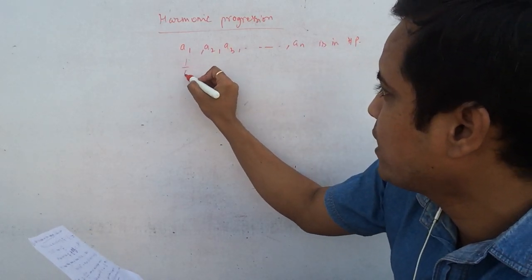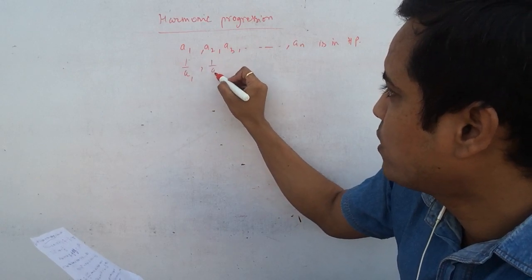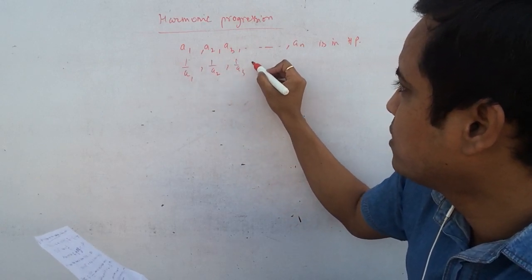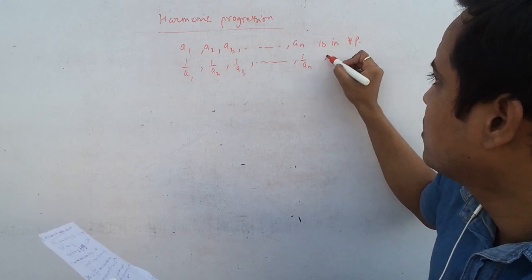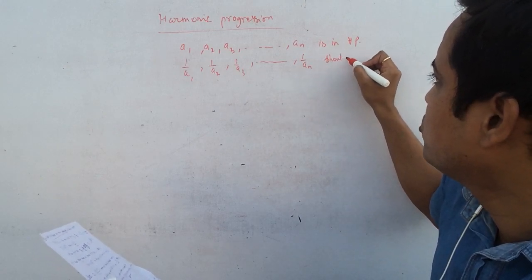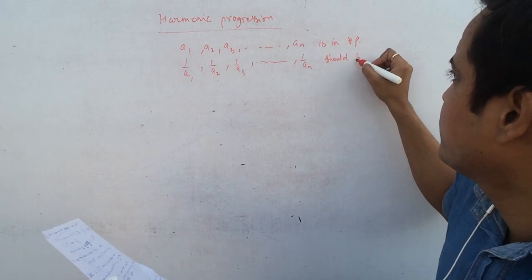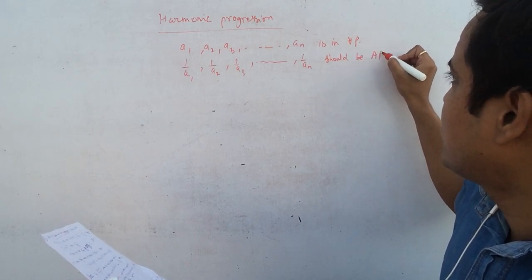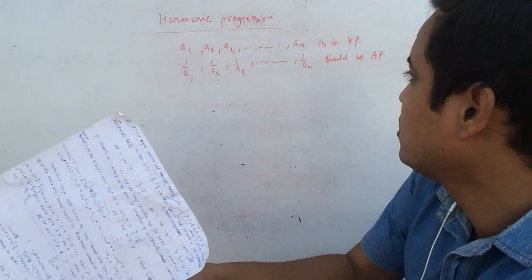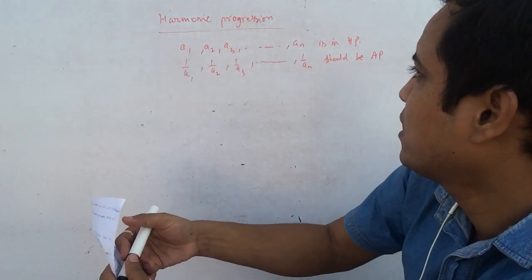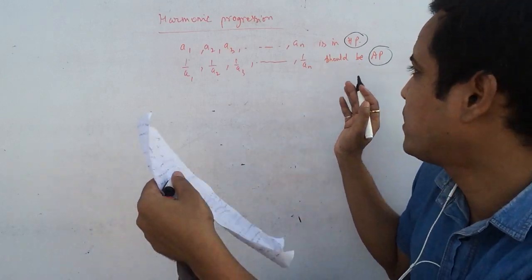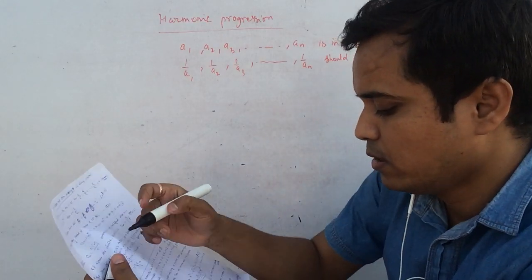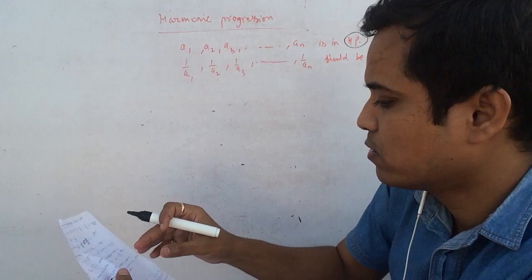Then 1 upon A1, 1 upon A2, 1 upon A3 up to 1 upon AN should be in arithmetic progression. You have to keep this in mind, and on the basis of this we use the properties of arithmetic progression here. All the properties will work.